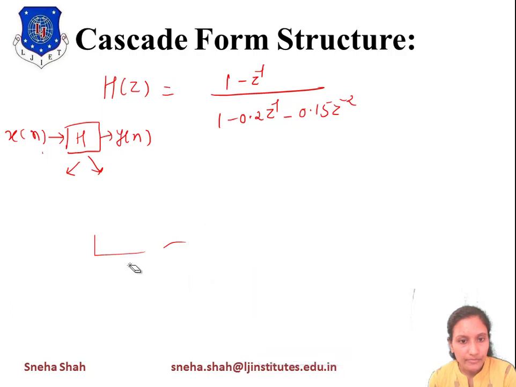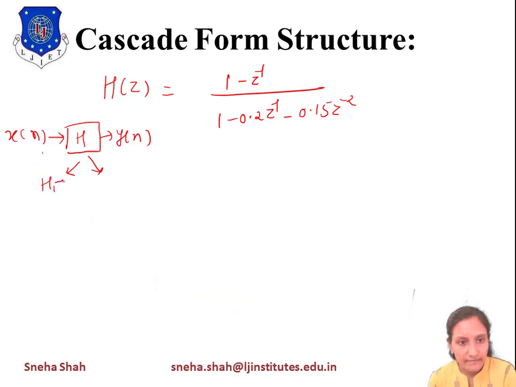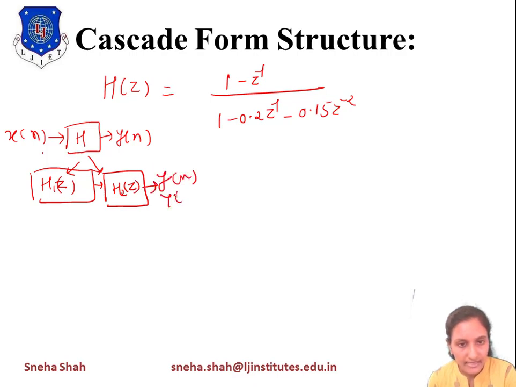The output of H1 of z is given to H2 of z, which gives the output y of n, or in terms of z, Y of z, with the input X of z.